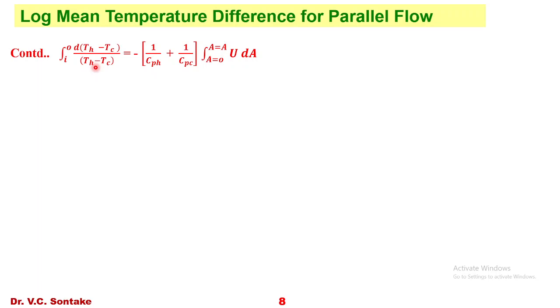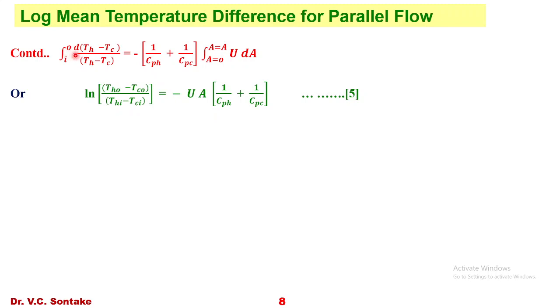In the left hand side, we are going to consider boundary conditions in the form of temperature, that is at inlet and outlet how the temperatures of the fluids are varying, and in the right hand side of the expression we are going to consider the boundary condition in the form of area of the heat exchanger at the inlet and outlet. Obviously at the inlet the heat exchanger area will be 0 and at the outlet heat exchanger area will be maximum, that is equal to A.